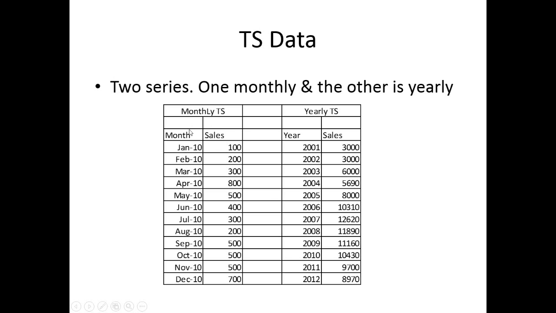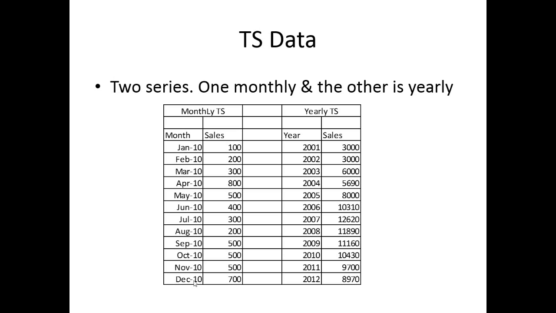The monthly time series starts with Jan 2010 and the last data point is December 2010. So I've got 1 year of data for each month. The duration is 1 month.